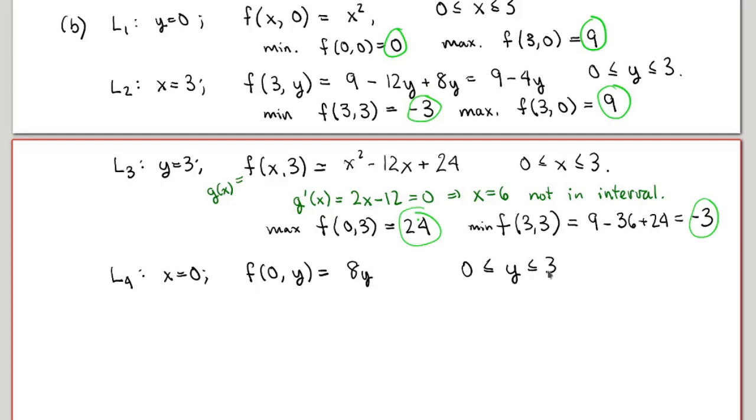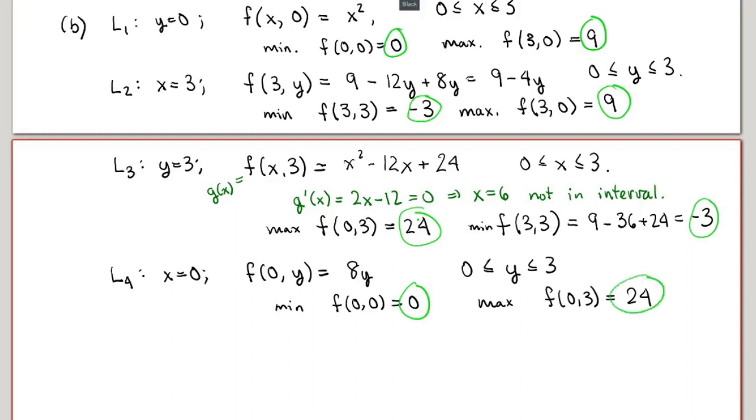So this is an increasing function, so the minimum will be at 0, which is just 0, and the max will be at 3, which will give me 24. So I keep track of these values again.